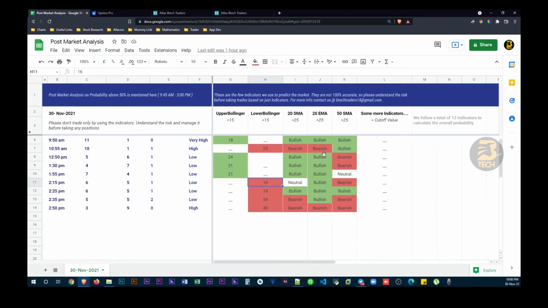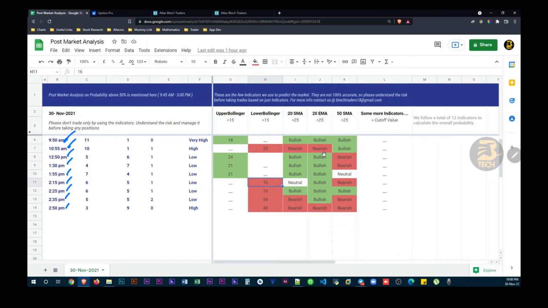So these are the bullish and bearish indicators. Here it is given that at 9:30 there was an entry, and at 10:55 another. So 1, 2, 3, 4, 5, 6, 7, 8, 9 entries were actually predicted by Chartink ATLAS.